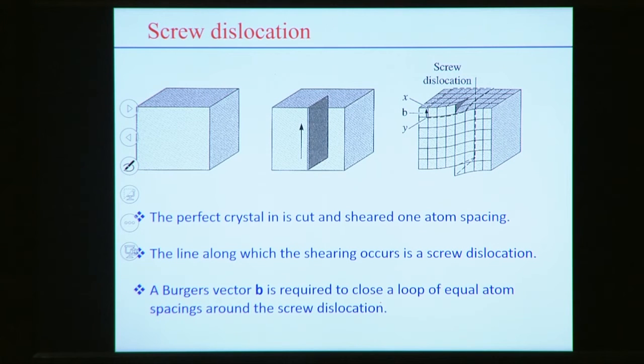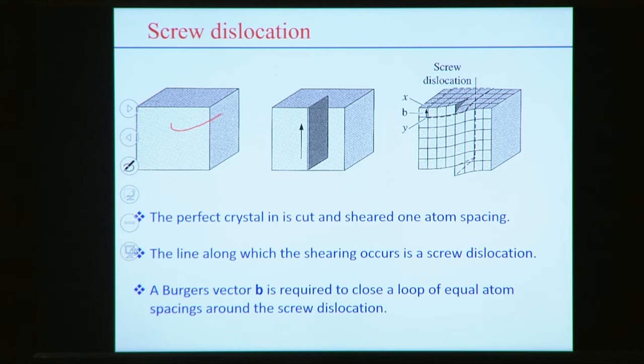Now we'll shift to the discussion on the screw dislocation. In a screw dislocation, the first figure represents the perfect crystal, and then it is cut and sheared by one atom spacing.